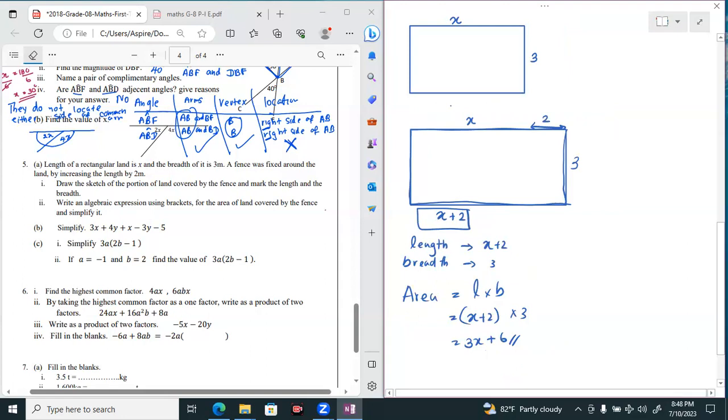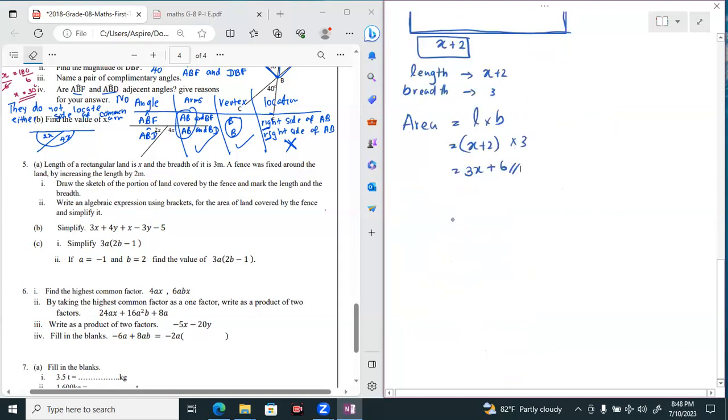The next one, you are given an algebraic expression. Now here you have to be careful. You have to look at whether like terms are available. Yes, there are like terms. Then take the like terms near to each other. Then 3x and x are like terms. Then 4y, subtract 3y, subtract 5.